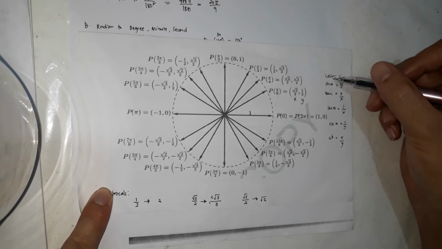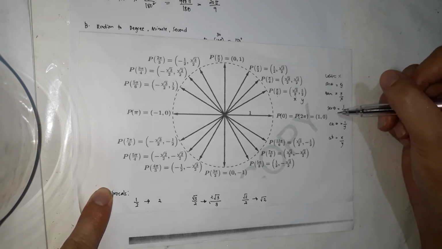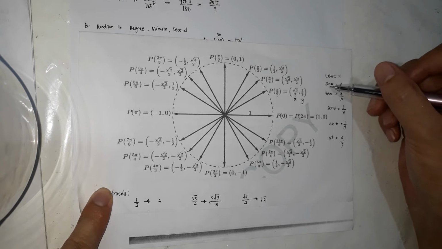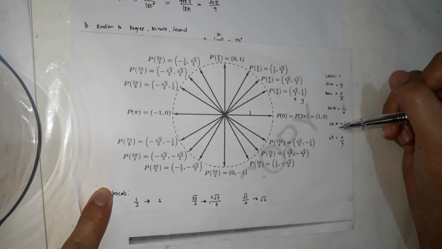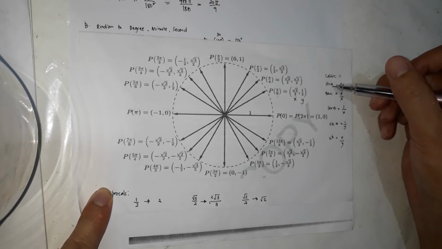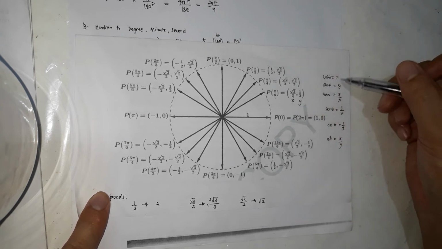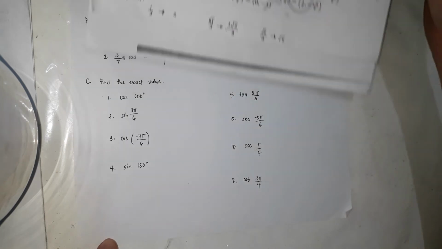So secant is the reciprocal of cosine. Cosecant is the reciprocal of sine. Tangent's reciprocal is cotangent. So you need to know these things for you to answer this.